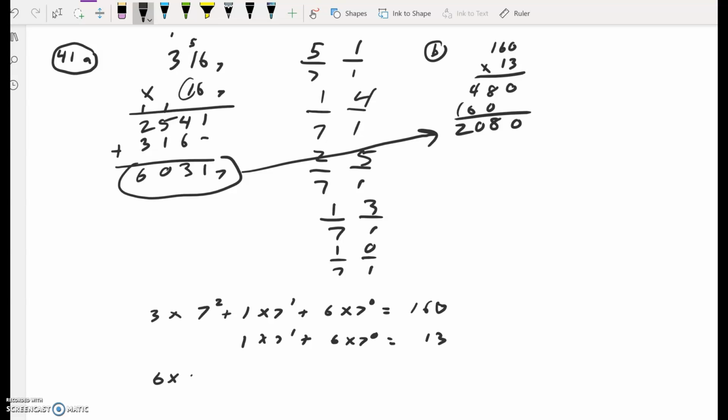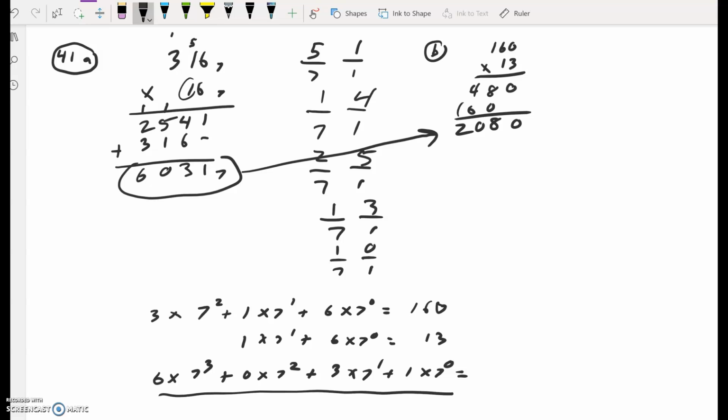Well, my calculator will do this calculation if I can manage to write it down. And when my calculator calculates this, it does actually get 2080. And so this checks, and we're done.